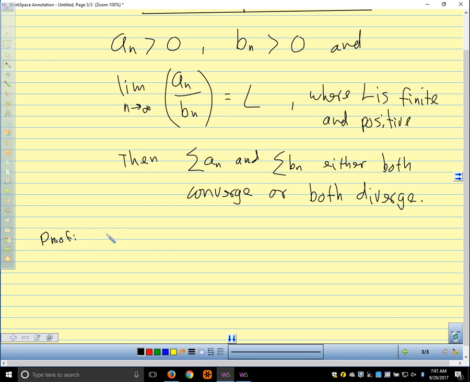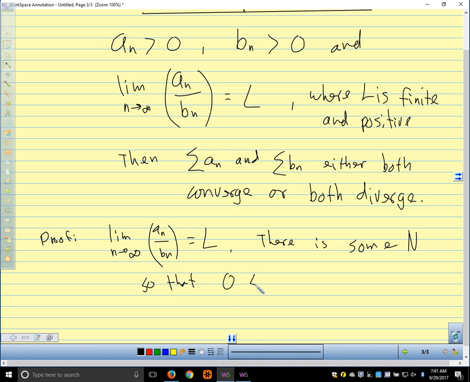So we're going to say, since both of these are positive, we can say we have the limit as n approaches infinity of a sub n over b sub n equals L. By the definition of the limit, there's some N so that 0 is less than a sub n over b sub n is less than L plus some number, epsilon.